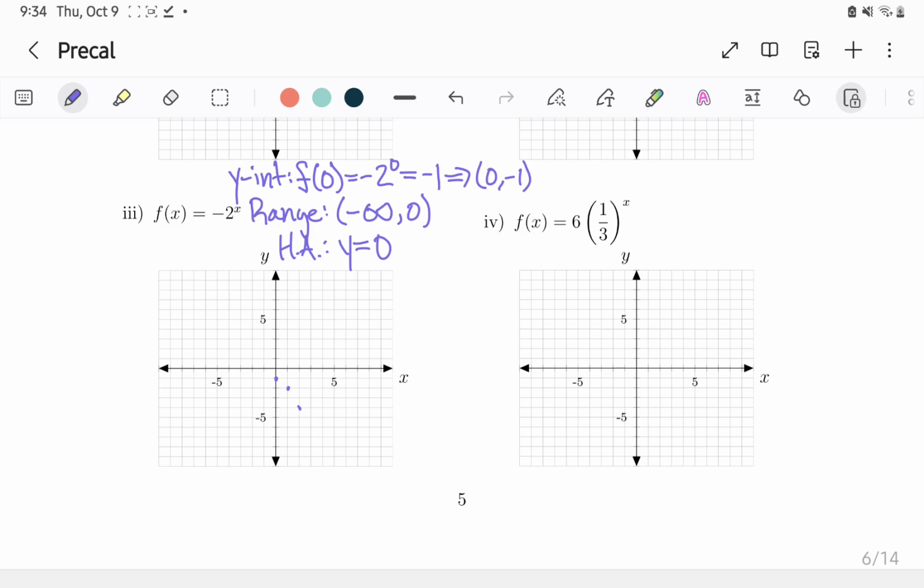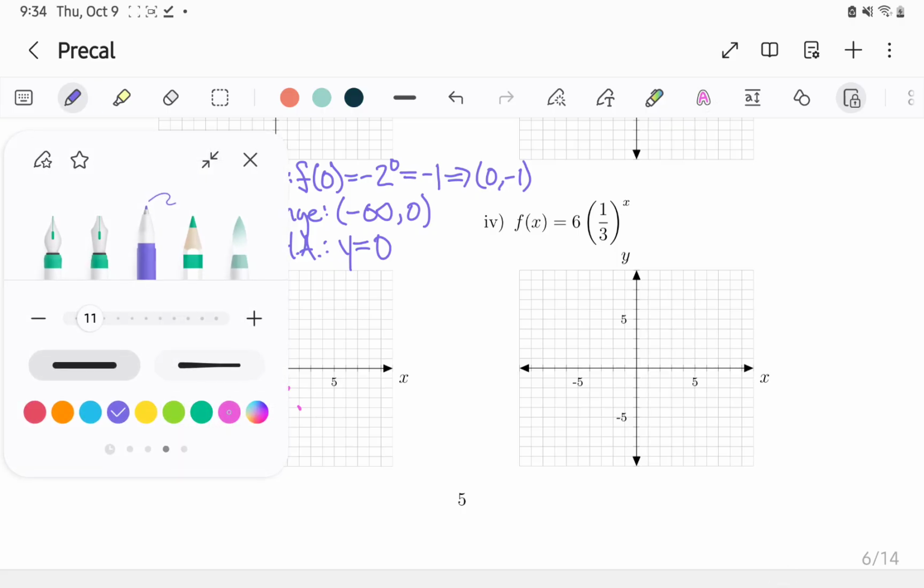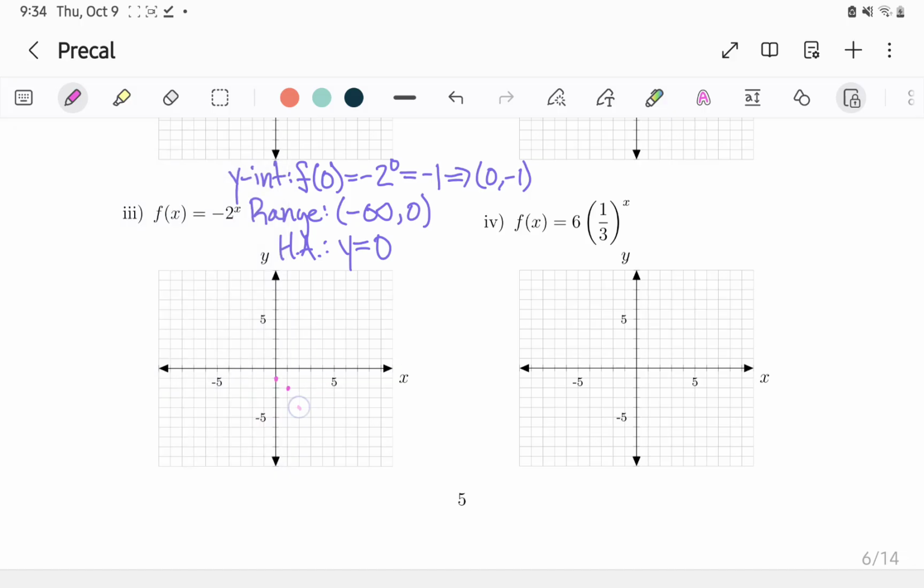And we know that f of 3 is going to be -8. And f of -1 is going to equal -1/2. So like right there.